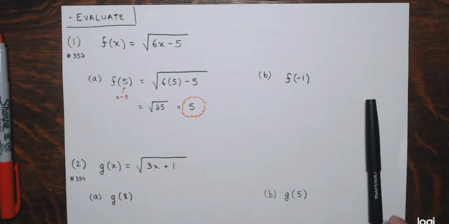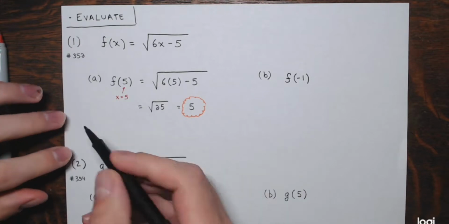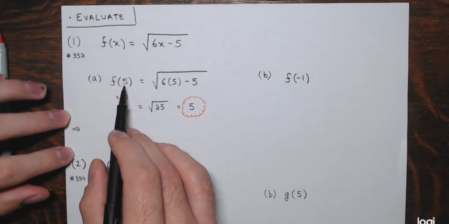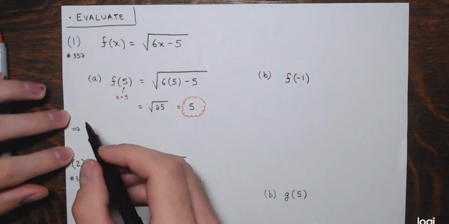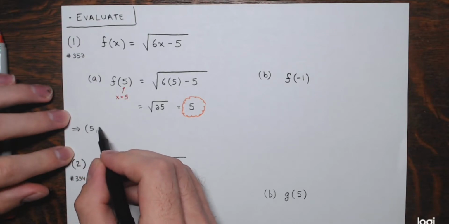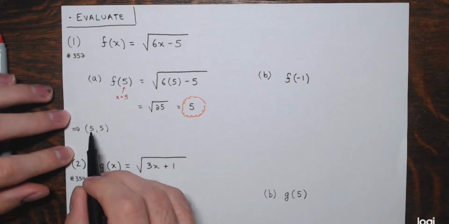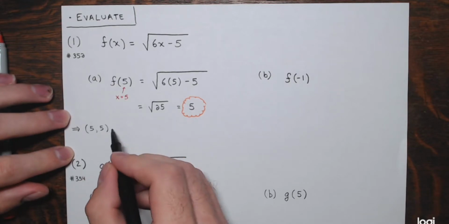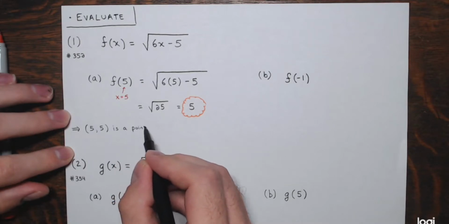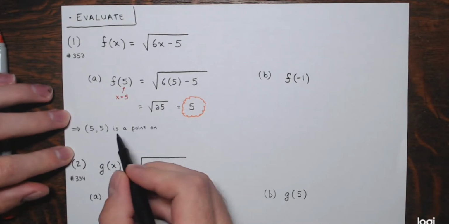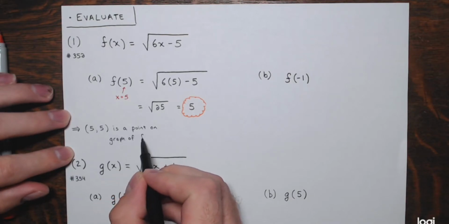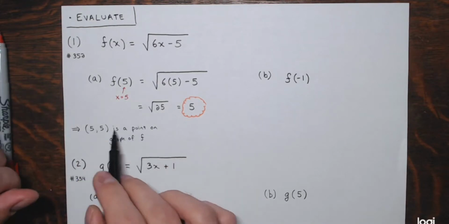Now you may recall from earlier videos, other videos I've made, saying that f of 5 equals 5 is the same thing as saying that the ordered pair 5, comma 5, right, input 5, output 5, is a point, an ordered pair, on the graph of this function f, on the graph of f, which I'll point out to you in a little bit.